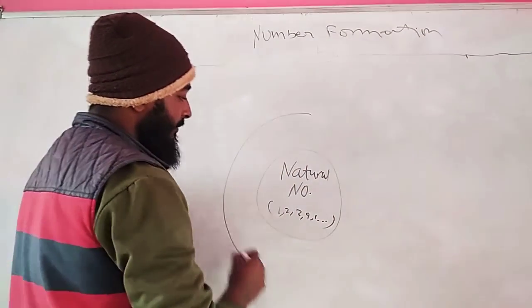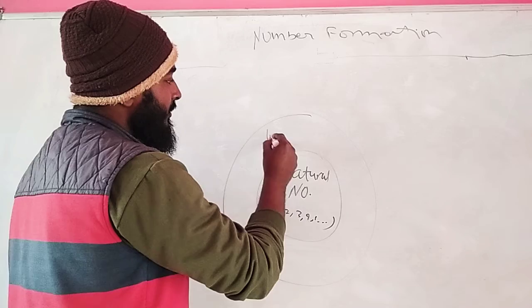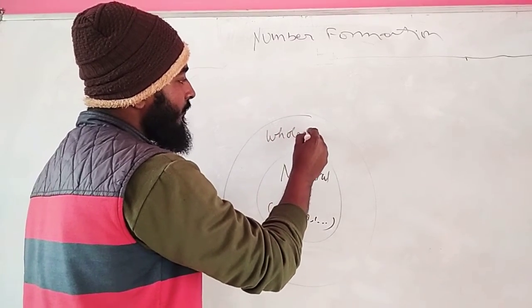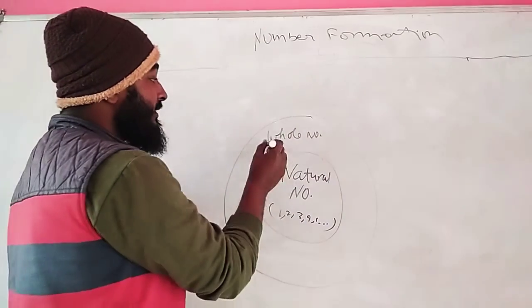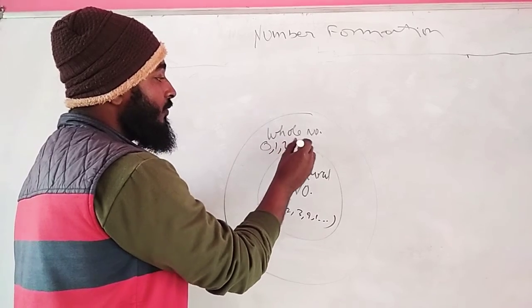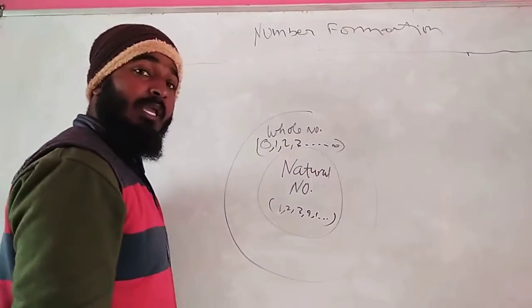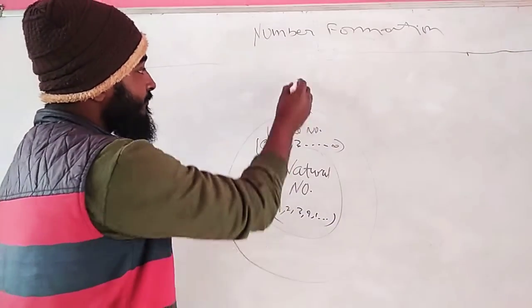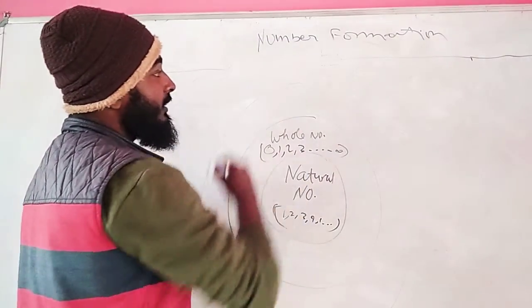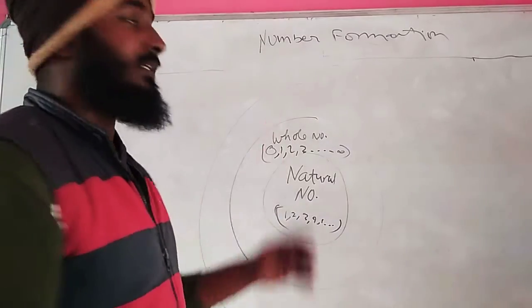Now comes the whole number. Whole numbers are 0, 1, 2, 3 up to infinity. Okay. Now come the integers.